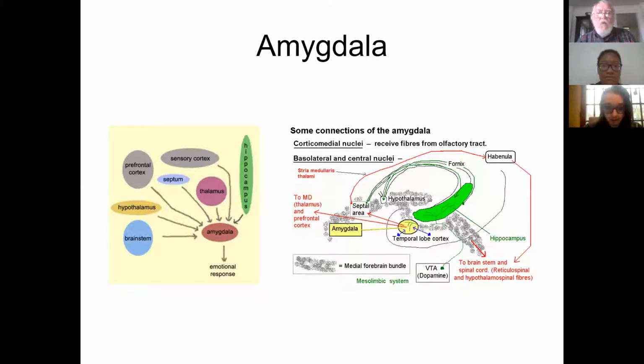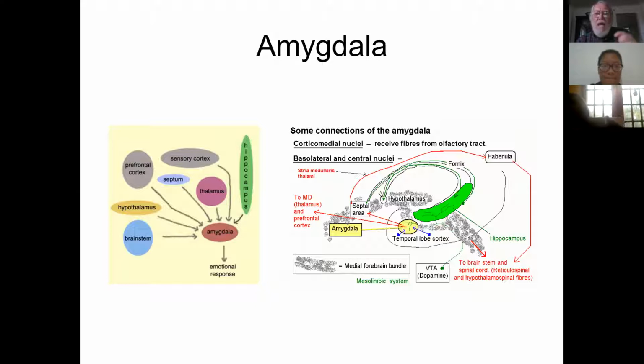When we look at the amygdala and we talk about the amygdala nucleus, they are actually a group of nuclei. You basically see very often three general areas called the corticomedial nuclei of the amygdala, which are primarily involved in receiving information that is olfactory.